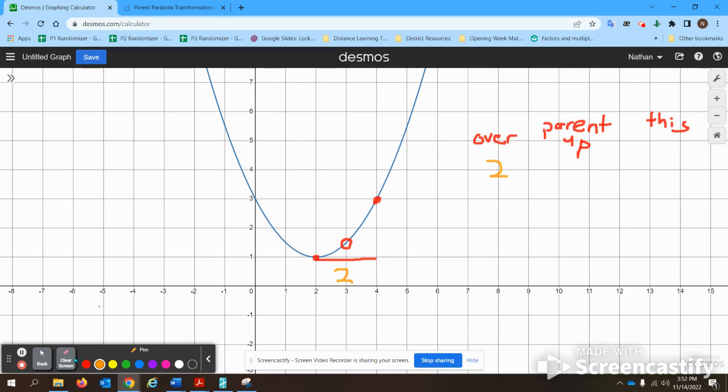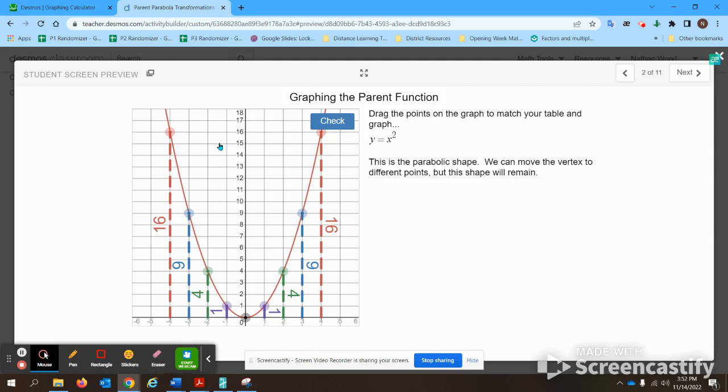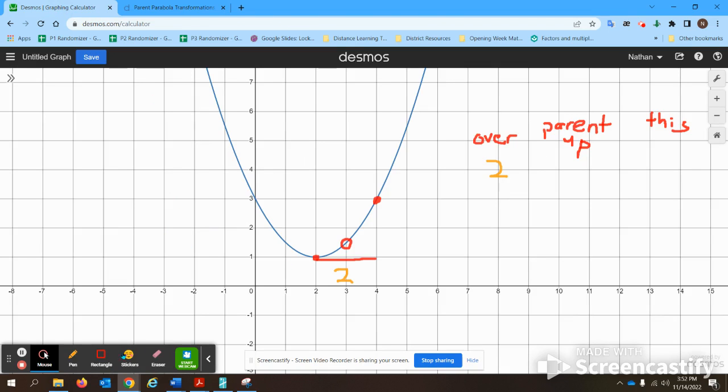The parent parabola, when we go over 2, we check our reference, over 2 up 4. So the parent parabola would be up 4, but this one, you can see, is up only 2. So once again, we ask, what would we have to multiply by, times a, to give us this vertical distance of 2?